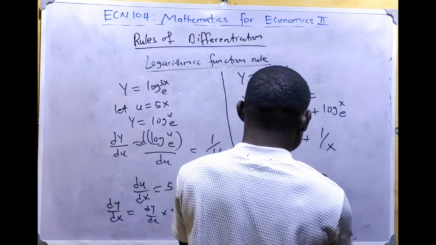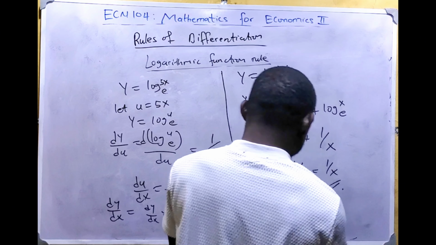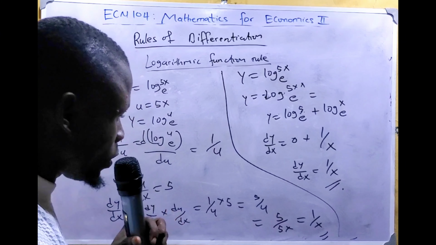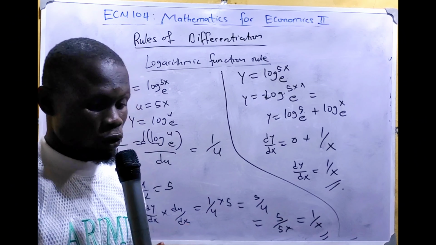So dy/dx here will be 1 over x, which is the same thing as what we got from the first method. So that's the logarithm function rule.